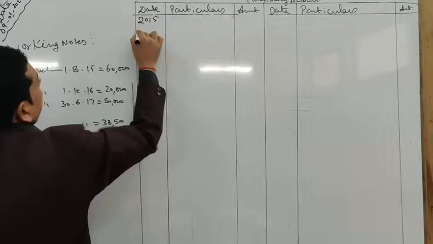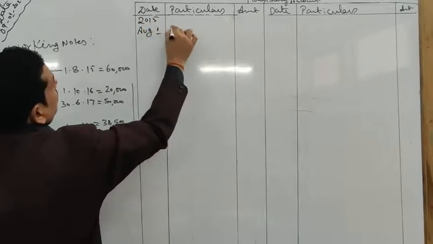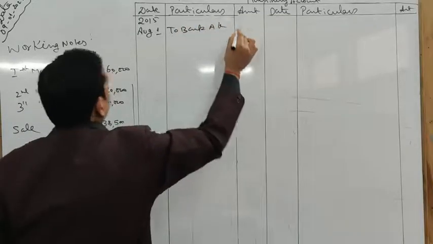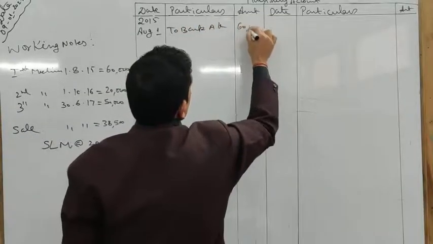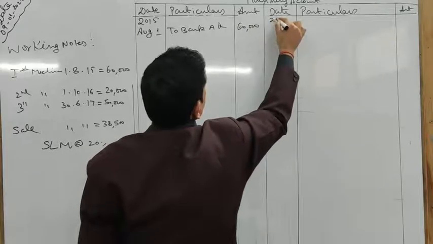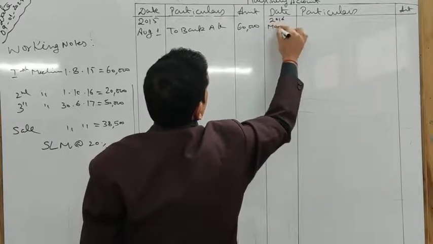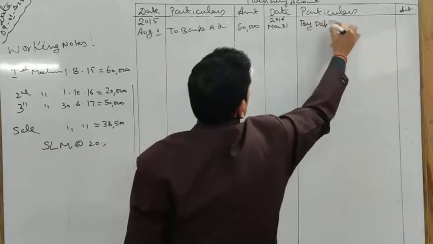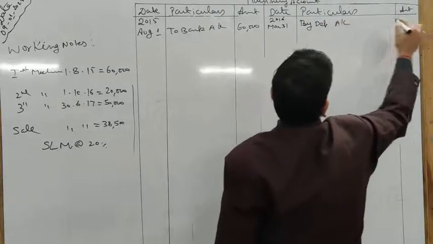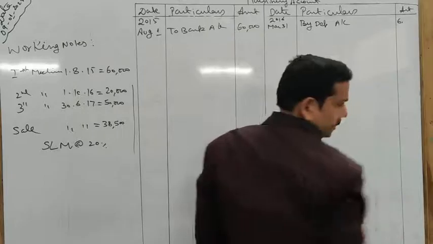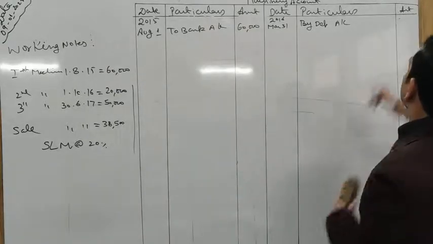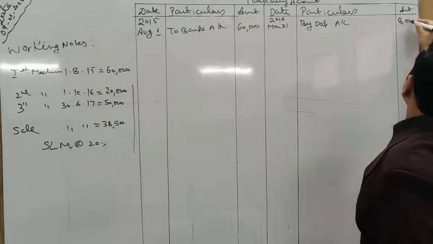2015 August 1 to bank account 60,000. 2016 March 31st by depreciation account 8,000.